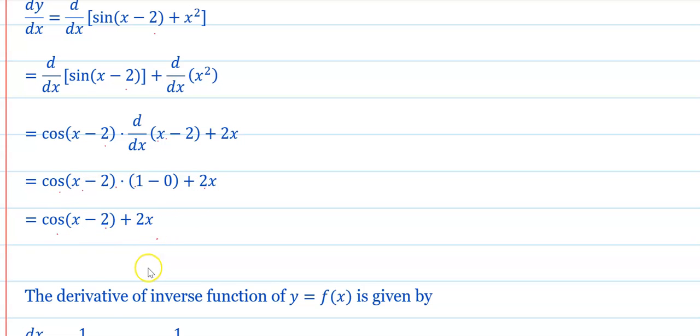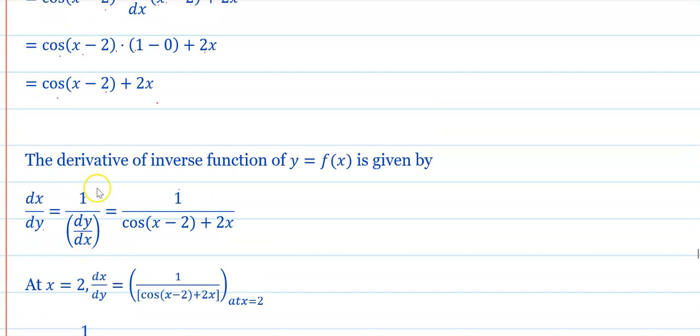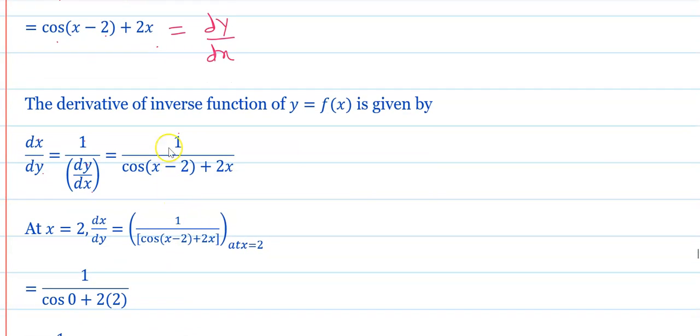Now again the derivative of inverse function of y equal to f of x is given by dx upon dy is equal to 1 upon dy by dx. That is equal to 1 upon the value of dy by dx. What is the dy by dx? 1 upon cos of x minus 2 plus 2x.